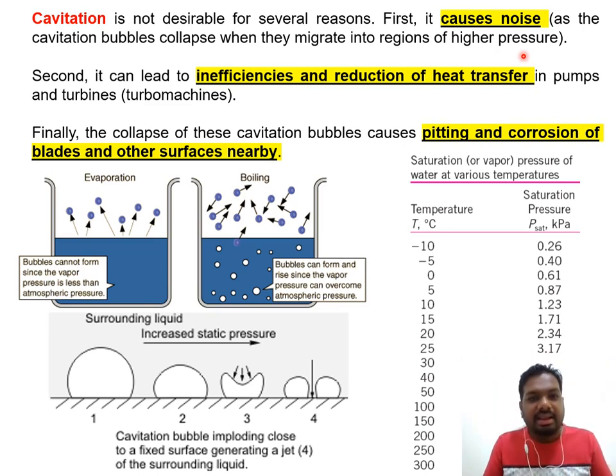Second, it can lead to reduced efficiency and reduction of heat transfer in pumps and turbines. Especially when you have a very viscous fluid, that's why we always say that after 3 months or after a certain number of kilometers you drive your car, change your engine oil.